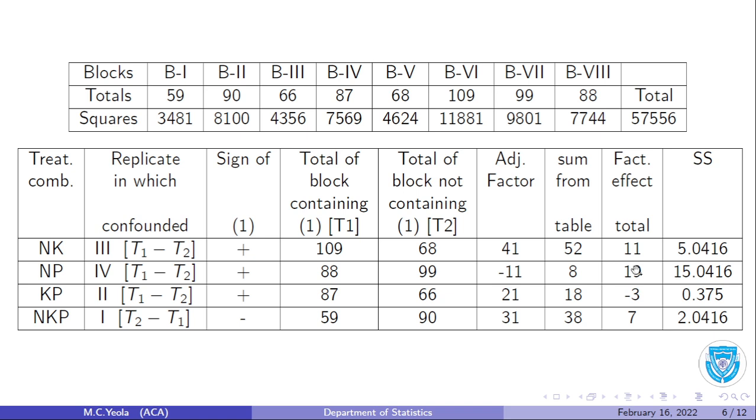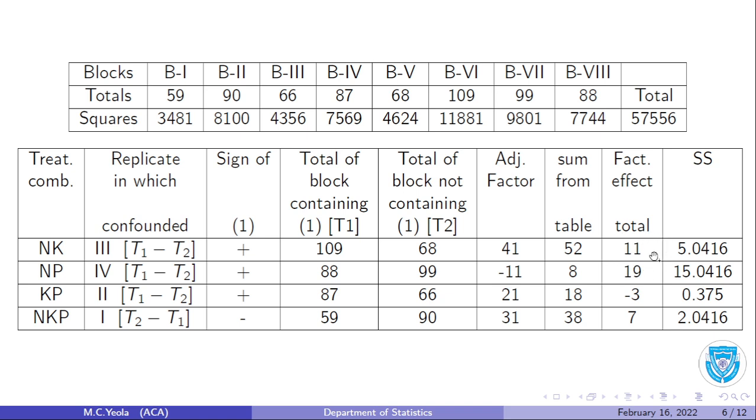So what we do here is square of this divided by 24. Where one of the replicates has it confounded, we are not taking those 8 observations. So the remaining 24 observations we take, and its divisor is 24.